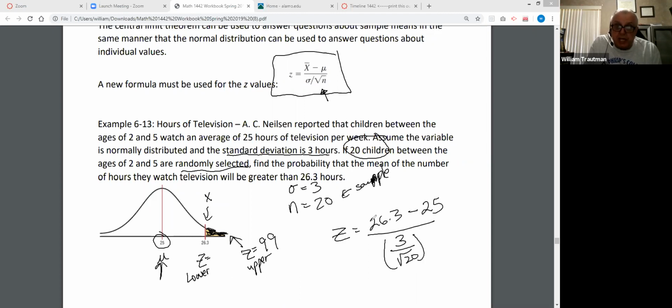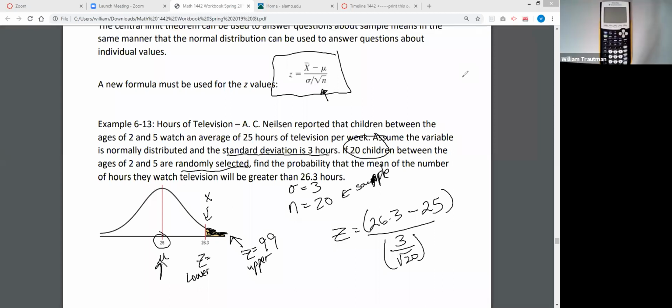So I say put the top in parentheses, put the bottom in parentheses when you type that into your calculator, or you could get it wrong. So let's try this on our calculator. All right, I have my calculator here. Let's type it up.